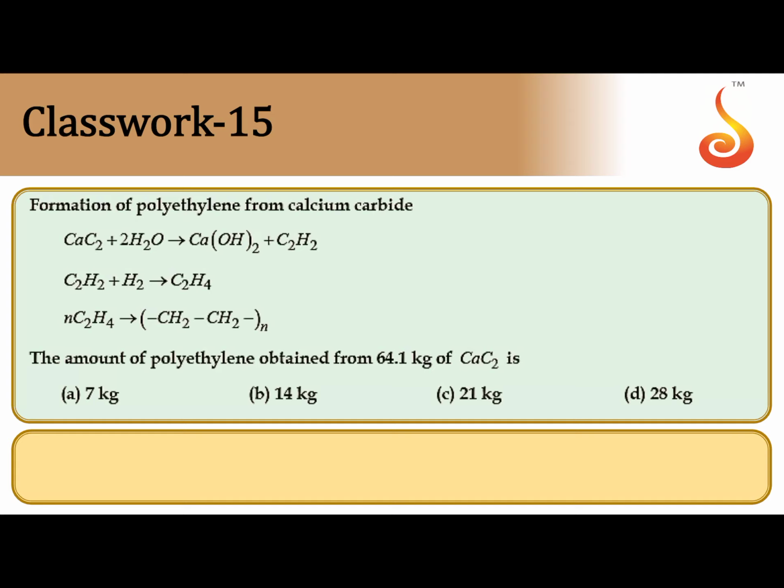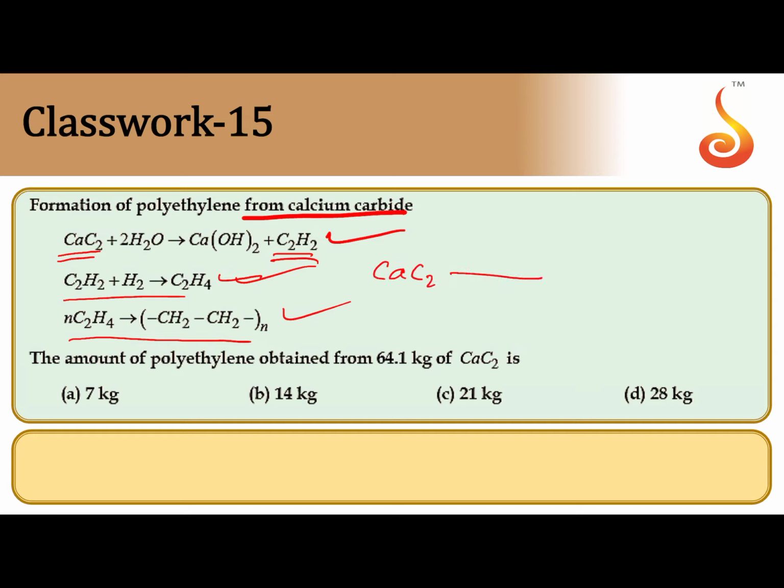Formation of polyethylene from calcium carbide, in three steps. First, calcium carbide is converted into acetylene, that acetylene is converted into ethylene, and that ethylene is converted into polyethylene. So CaC2 finally becomes CH2=CH2. We can take the stoichiometric relation.